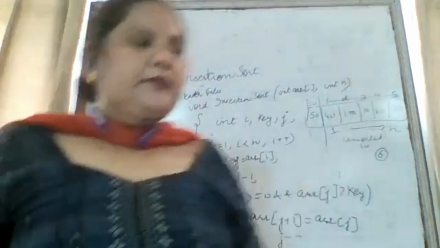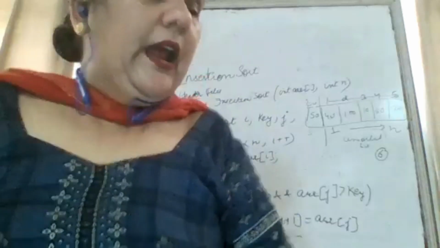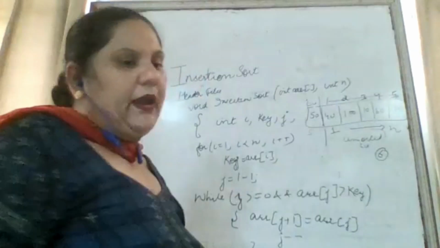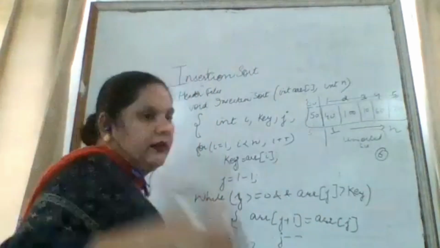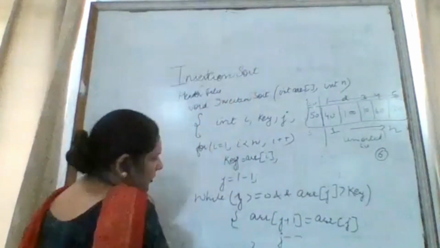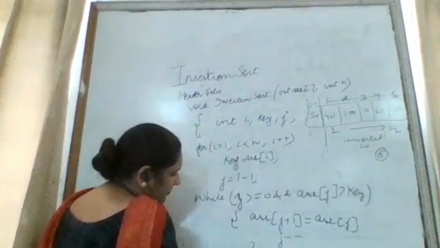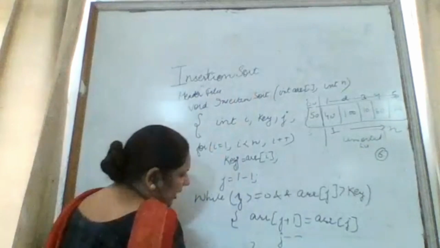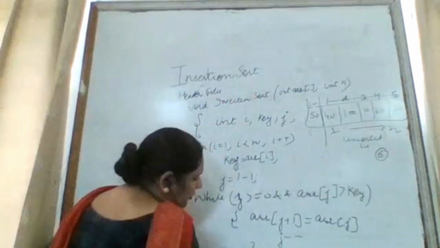Array of j plus 1 is equal to array of j, and then you will write j is equal to j minus 1, and close this loop. Then you will put array of j plus 1 is equal to key.